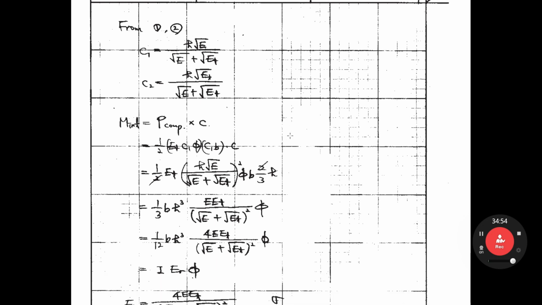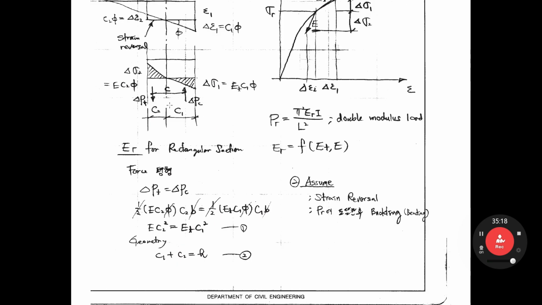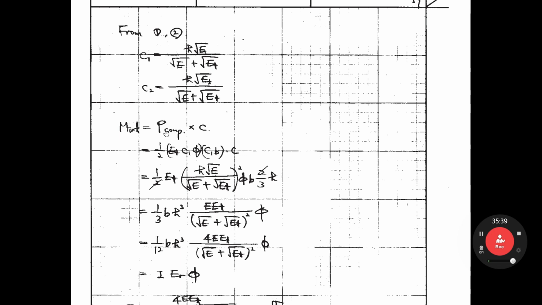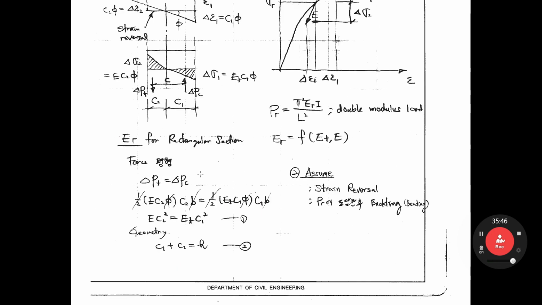And then the internal moment M equals the P compressive load times C, or the P tensile load times C. This is P and the distance C. If this is H, this C is 2 over 3 H, right? So P compressive is 1 over 2 E_t C1 phi C1 B. Yeah, this one.